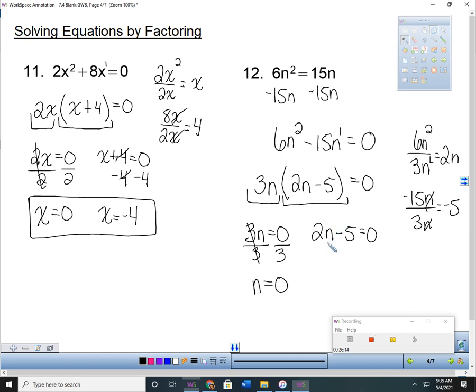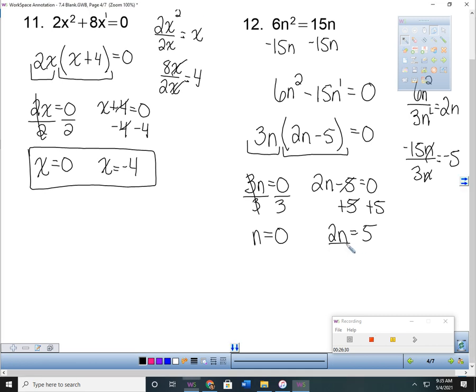And then to solve for n here, first I will have to add the 5. That gives me 2n equals 0 plus 5 is 5. And then I'll divide by 2. So n equals 5 over 2.